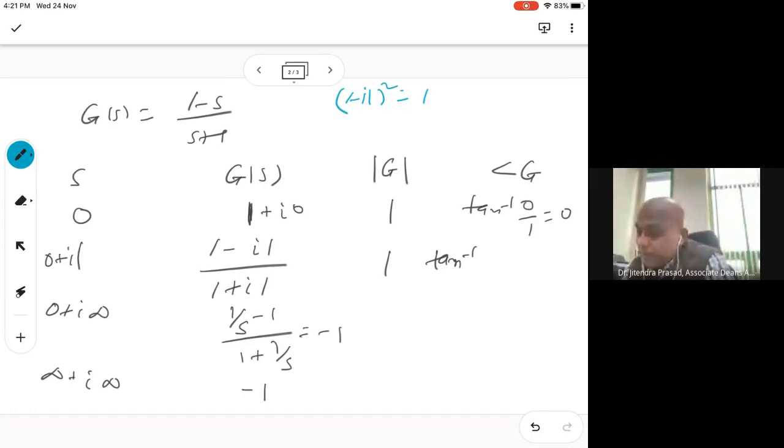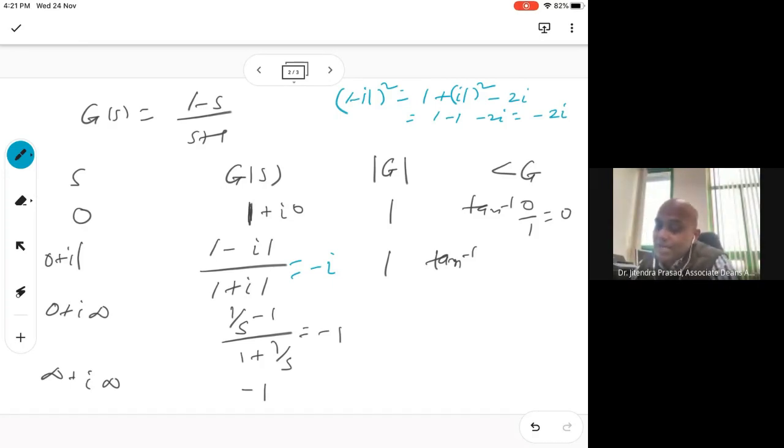Then plus I squared, right? And minus 2I. This is equal to 1, and this becomes minus 1, minus 2I, or simply minus 2I, divided by 1 plus 1. So basically this is nothing but equal to minus I. This value is equal to minus I simply.